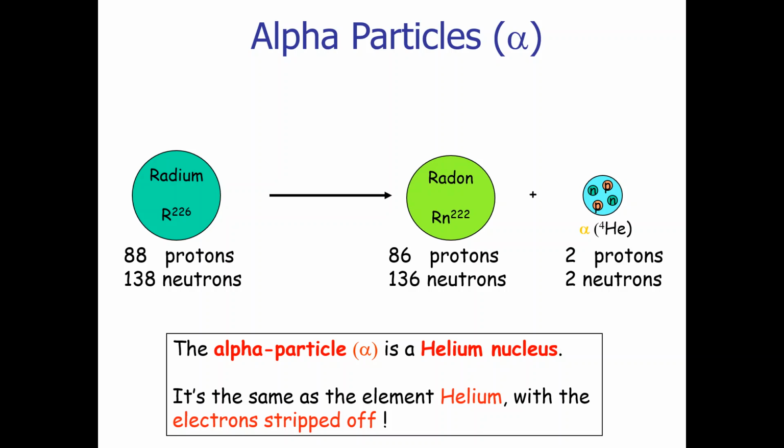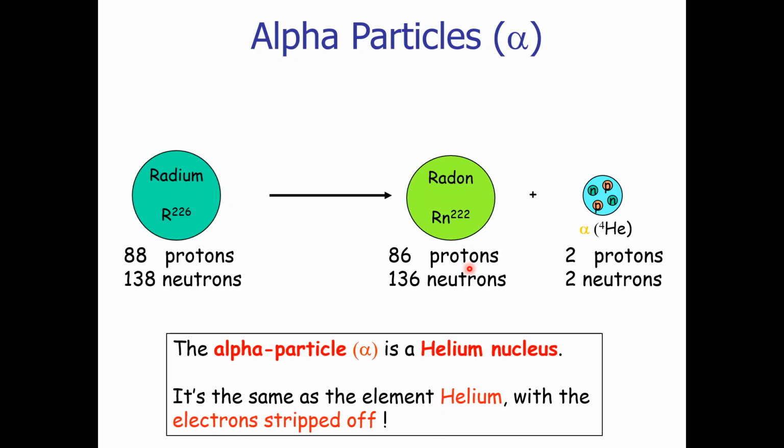The example of the alpha decay is the decay of radium to radon. You can see here, radium has atomic mass equal to 226, with the number of protons 88 and number of neutrons 138. When it decays to radon, radon has the atomic mass 222 with the number of protons 86 and the number of neutrons 136.